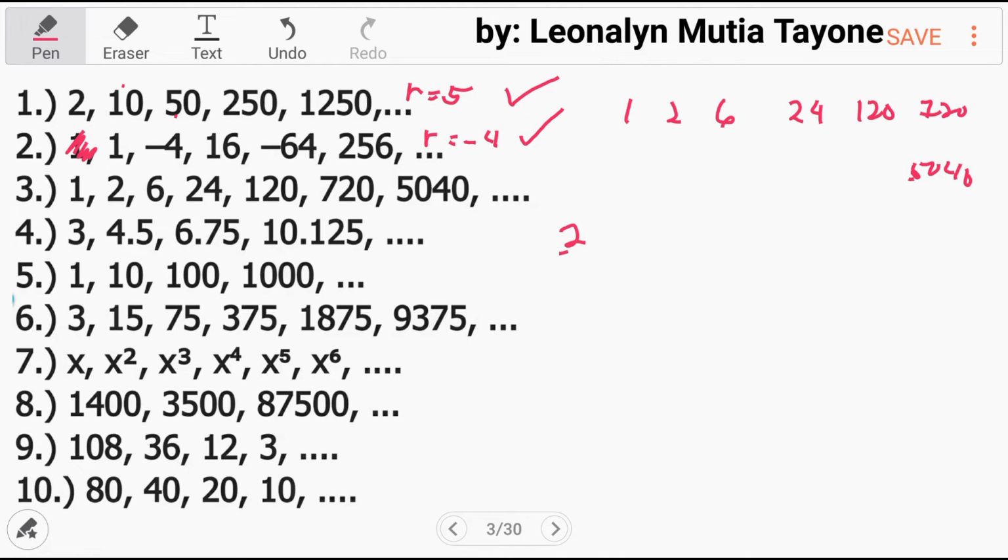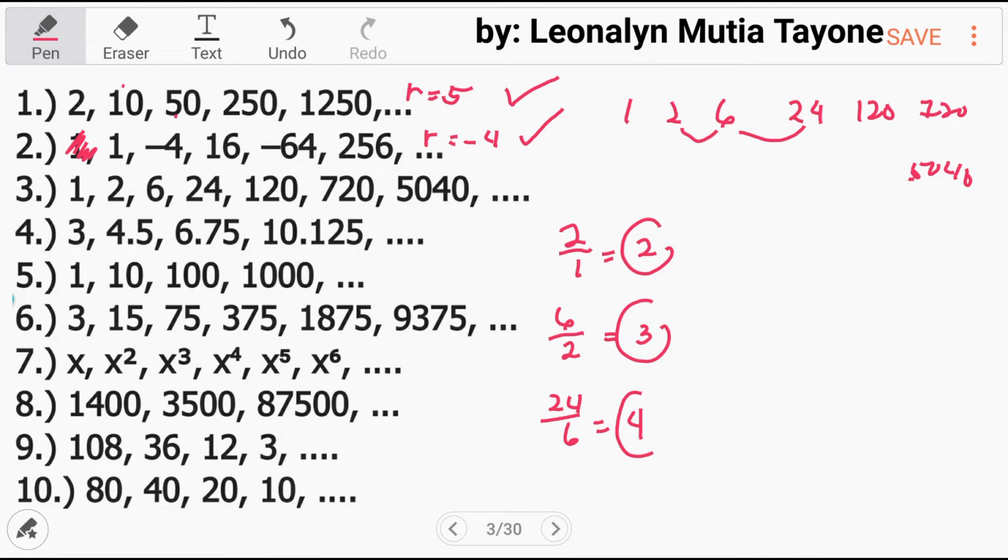Ganito yan, 2 over 1, that is 2. Ito i-divide natin, 6 divided by 2, and that is 3. 24 divided by 6 is equals to 4. Walang common ratio. So therefore, this is not geometric sequence.